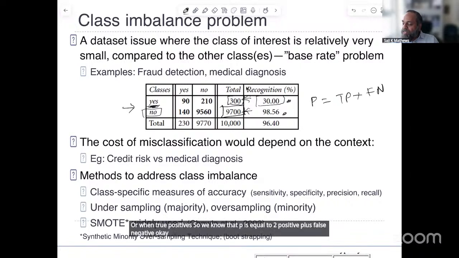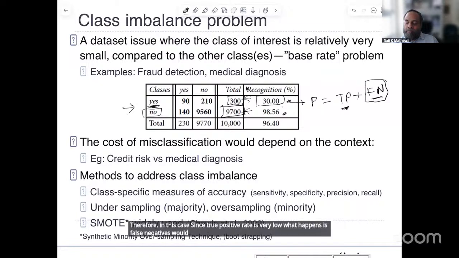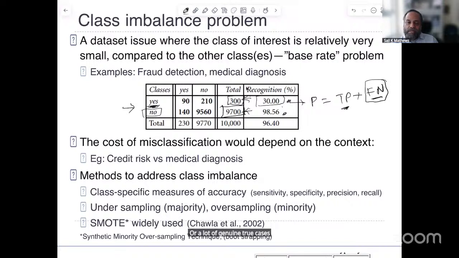So when true positive detection is low, a lot of true positives get detected as false negatives, or they are not recognized by the classifier. Therefore, in this case, since true positive rate is very low, false negatives will be very large, or a lot of genuine true cases will be detected by the classifier as false negatives. That is the implication.